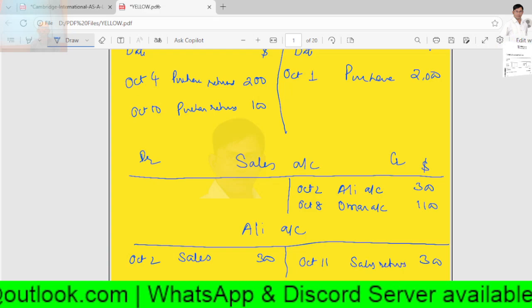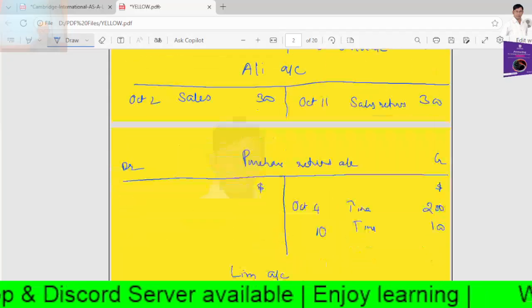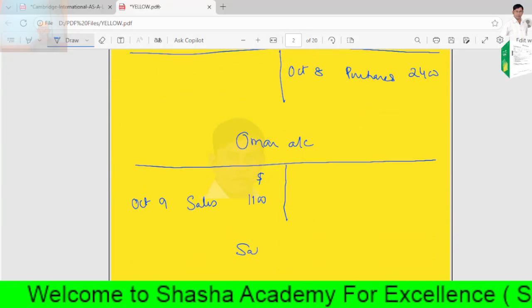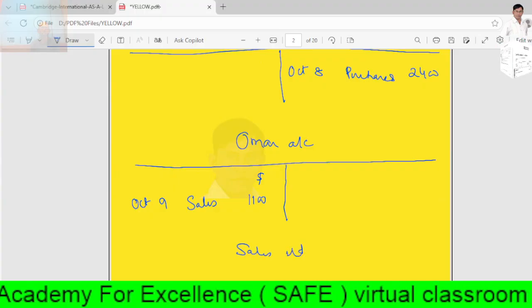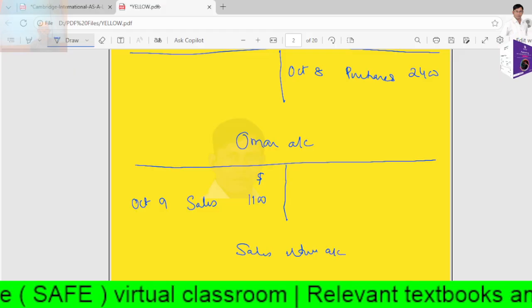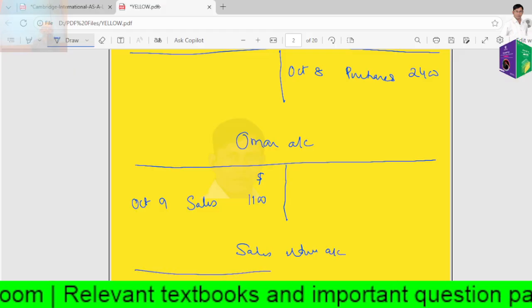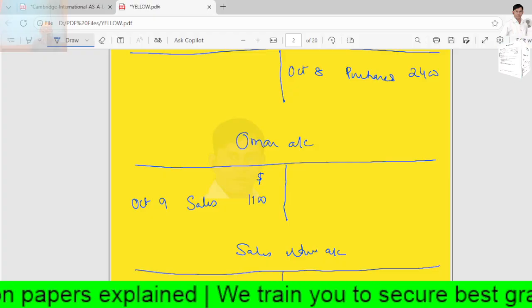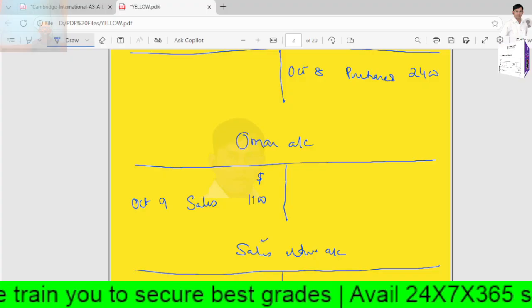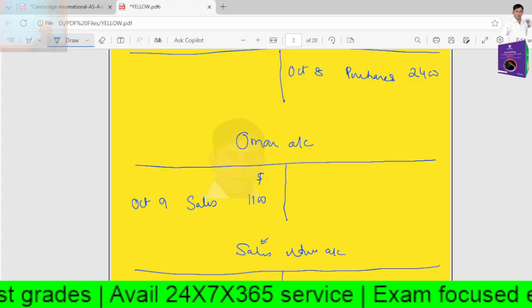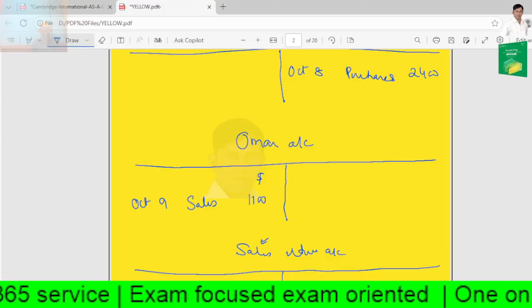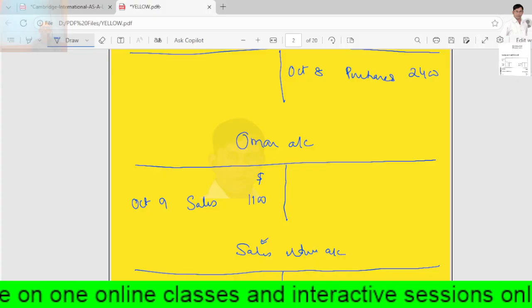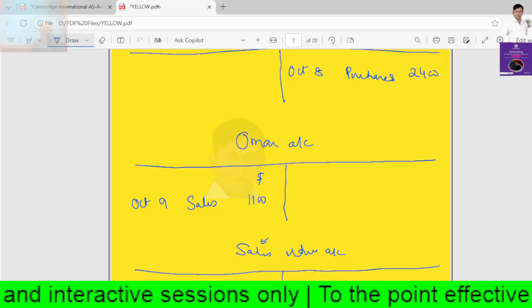So one more account, sales returns account. Sales is always a credit. Sales returns is exactly reverse of that. It is always a debit.